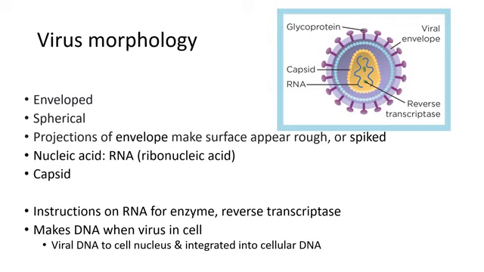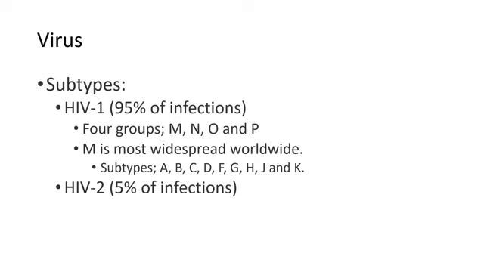It's an enveloped, spherical, spiked virus, and the nucleic acid found inside is not DNA, it's RNA. That's an important thing to note too. Within this capsid are the instructions for RNA to use an enzyme called reverse transcriptase, and this will eventually make DNA.